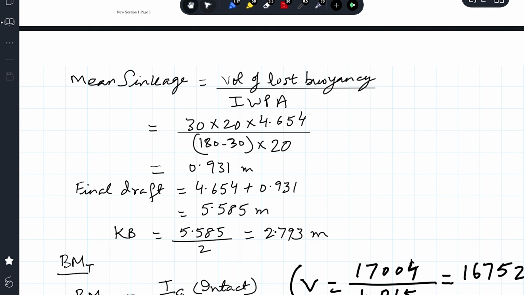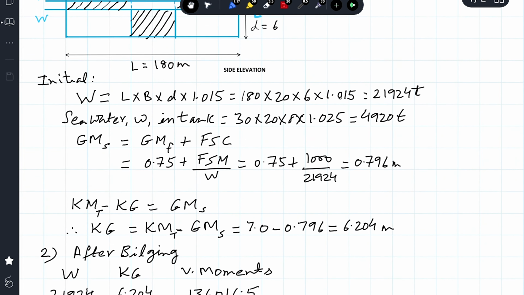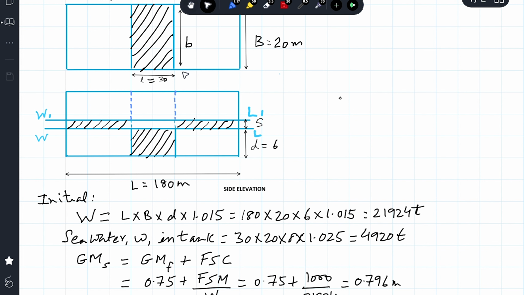Because as you can see, this is the side elevation. If you remove the middle portion, don't consider this because it's not providing any buoyancy. But the intact portion, aft and forward of it, is still rectangular. There are two rectangles together. So the KB will again be just half of the draft.